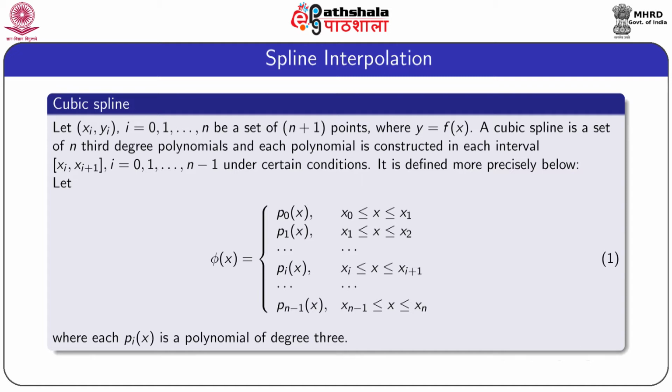The last polynomial p_{n-1}(x), also a third degree polynomial, is defined in the last interval [x_{n-1}, x_n], where each p_i is a polynomial of degree 3, and combining all these cubic polynomials we get the cubic spline for the interval x_0 to x_n.